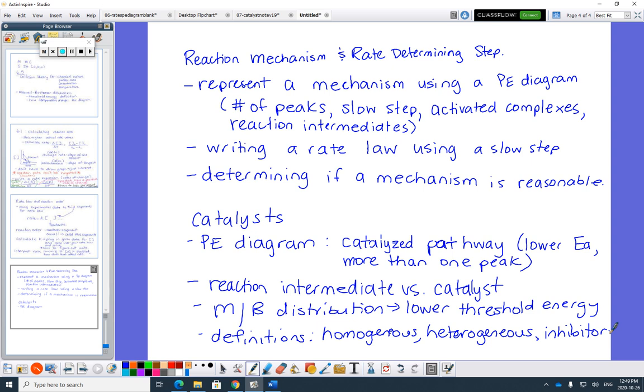So if you have a mechanism, there's more than one step, more than one peak. Make sure the slowest step is the biggest peak.